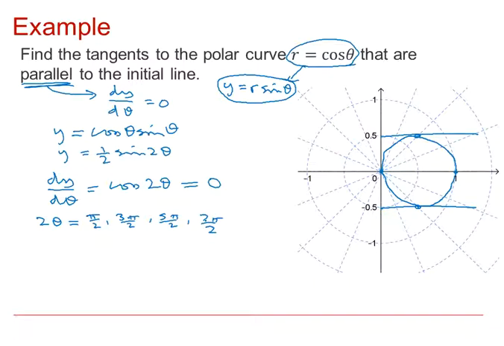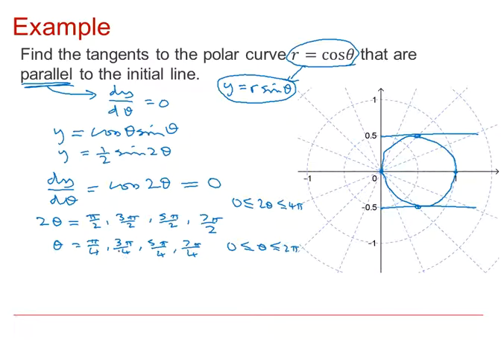Bear in mind that 2 theta will be going from 0 all the way up to 4 pi radians. So they're all the possible values for 2 theta. But we're interested in theta, so that's pi by 4, 3 pi by 4, 5 pi by 4, and 7 pi by 4. So they are all the possible values of theta in the range 0 up to 2 pi.